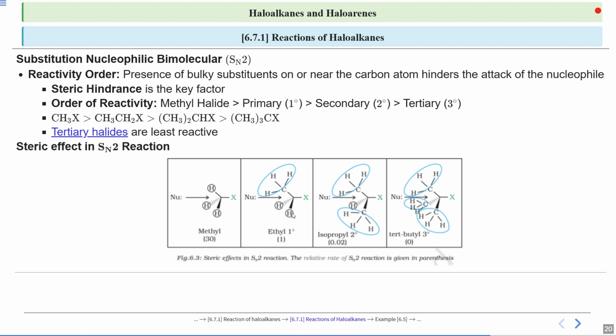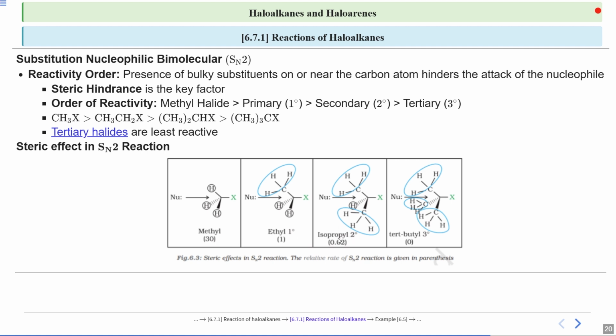This is basically an ethyl chain, because 2 carbons are there in this structure. So this is primary ethyl, and due to the presence of this bulky group the relative rate is 1, which is very much less than the methyl halide.